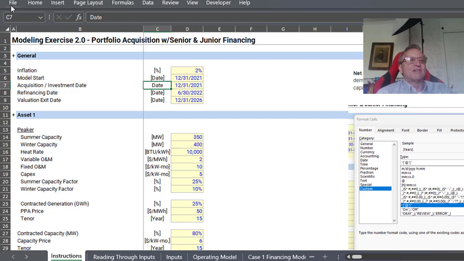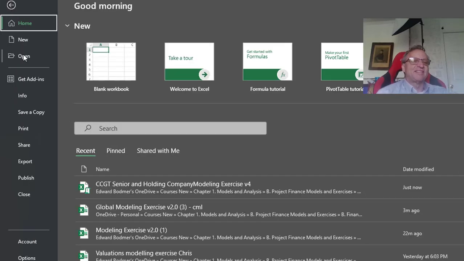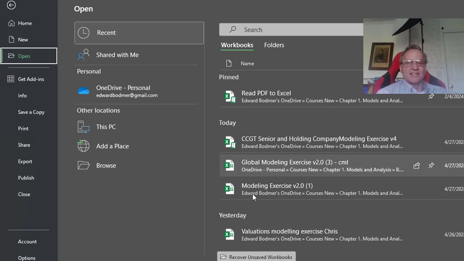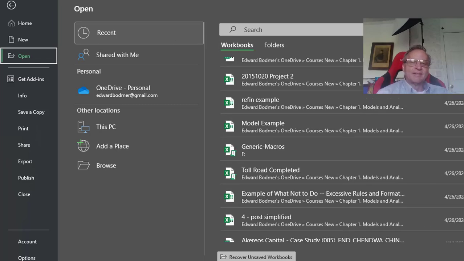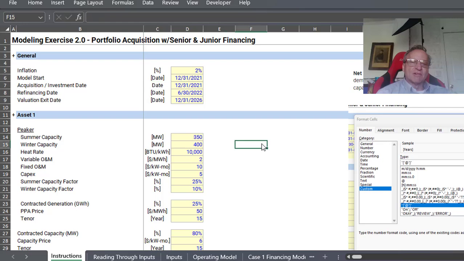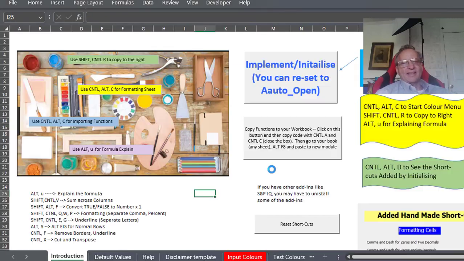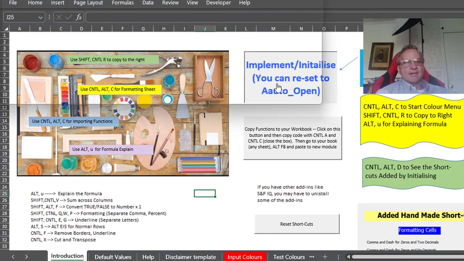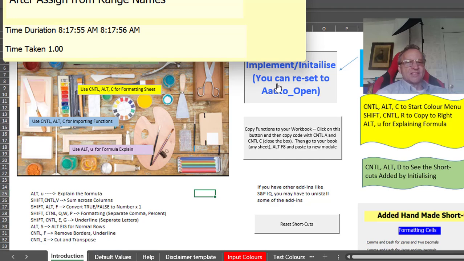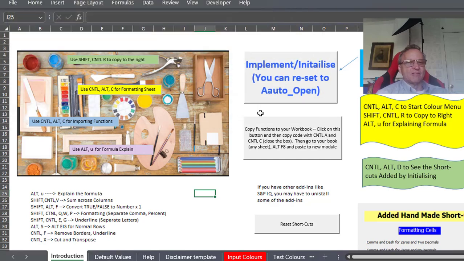I can't do that with this on now because D is something taken by the video, but that's all right. So in generic macros, and if you are too arrogant to open generic macros or think you can make your own formatting with the paintbrush yourself, I would say you're going to fail.